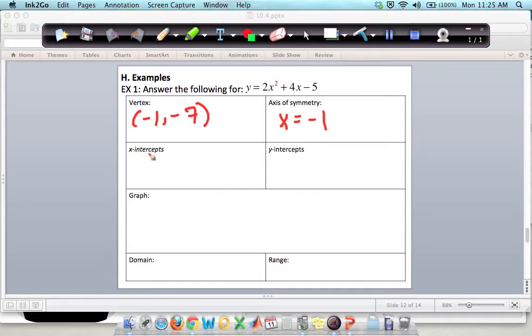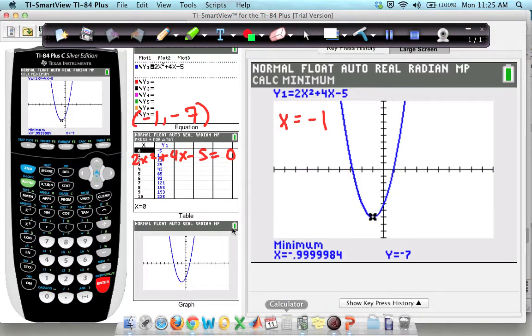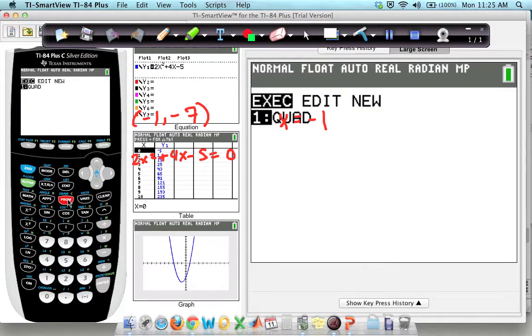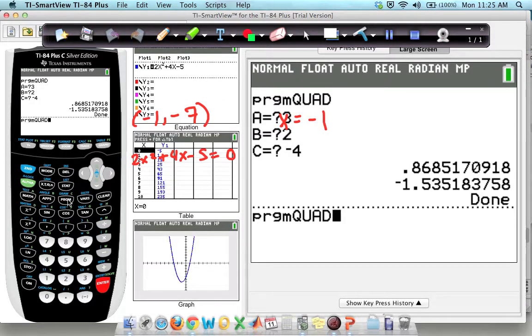Okay, x-intercepts means I'm going to plug in 0 for y, and I'm going to solve for x, and so that, remember, means I'm going to use the quadratic formula. So 2x squared plus 4x minus 5. So let's go to our calculator, hit program, execute, enter.